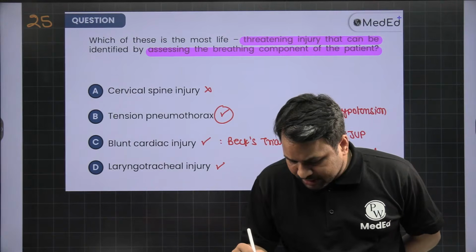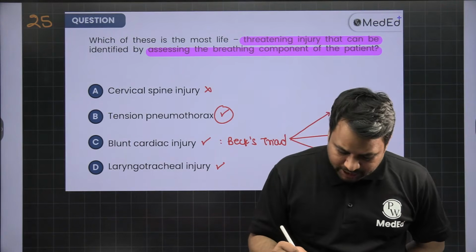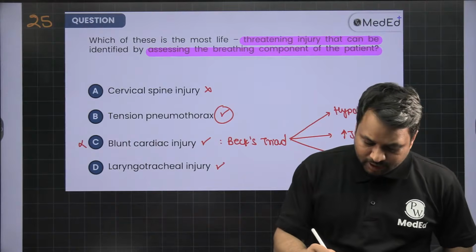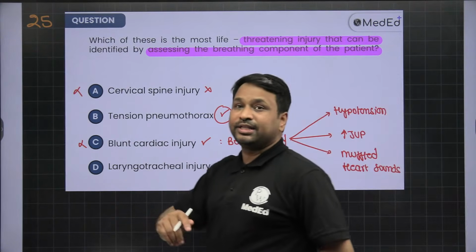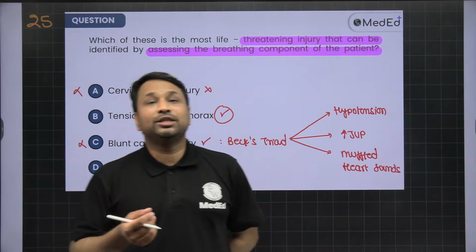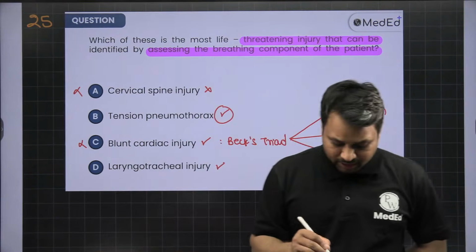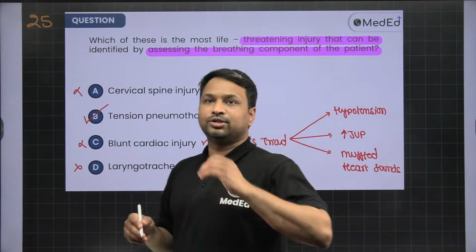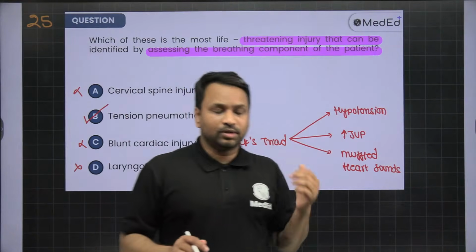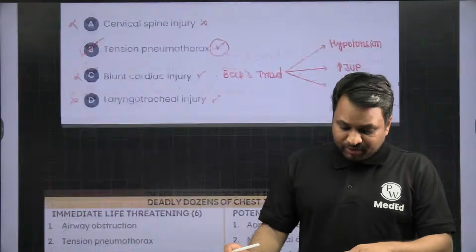None of them can be assessed on breathing, so this cannot be the answer. A is gone, C is gone. Tracheolaryngeal injuries present with stridor, not on the basis of the respiratory component, so this is also gone. So answer here is going to be B for Bombay.